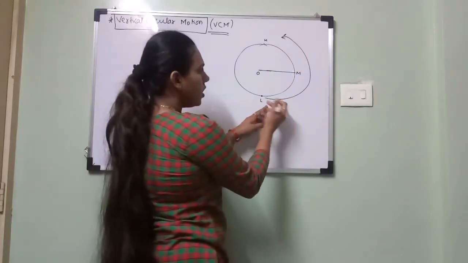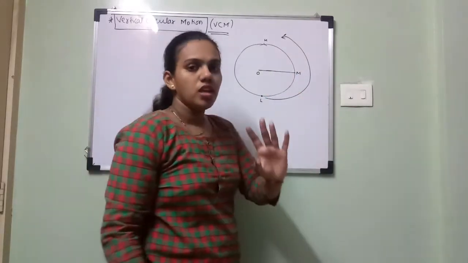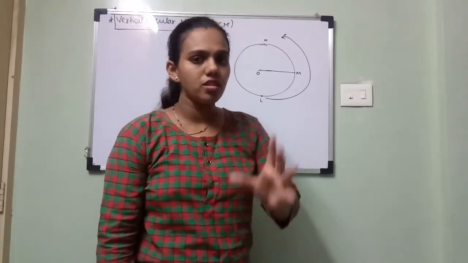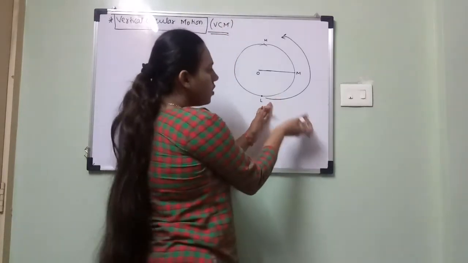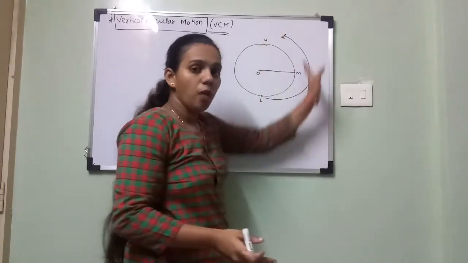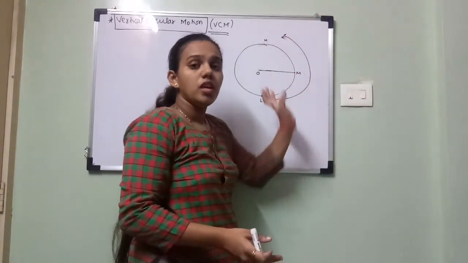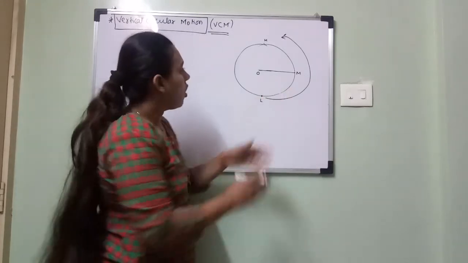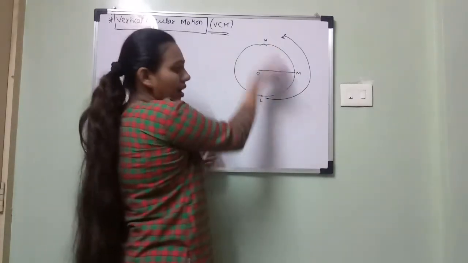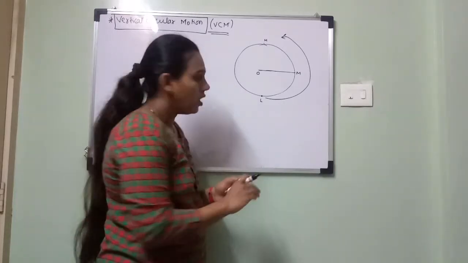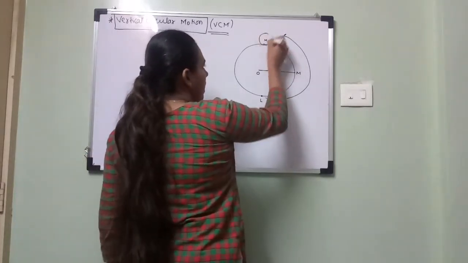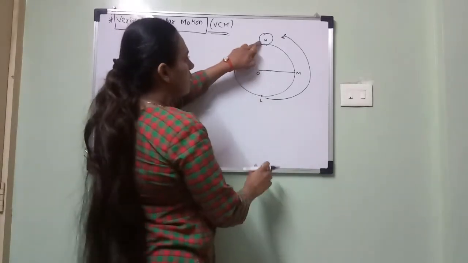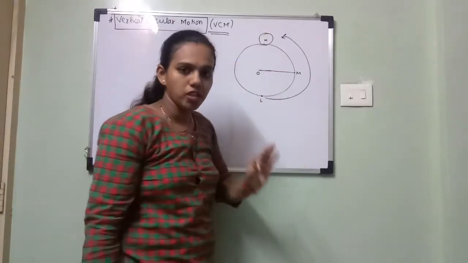As it is moving against the gravity, its velocity will go on decreasing or increasing? You just think the particle is moving in upward direction. Its velocity goes on decreasing because it is moving against the gravitational force. So when it reaches point H, its velocity will be minimum. Hence velocity and tension at highest point is minimum.